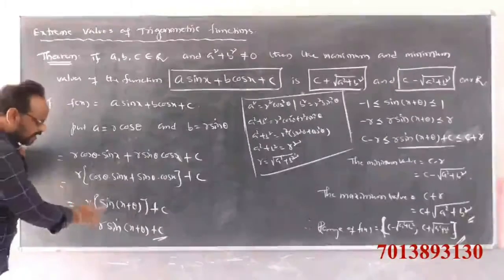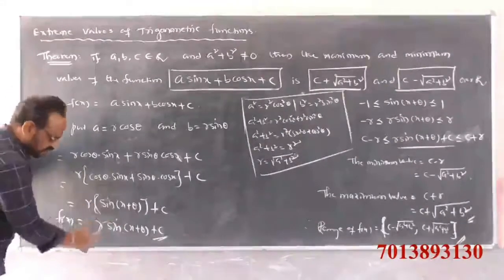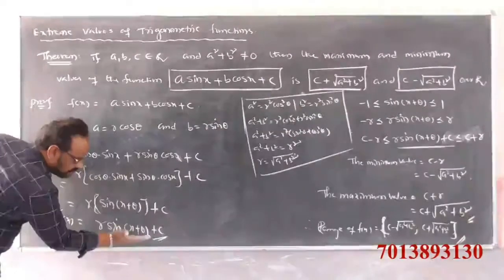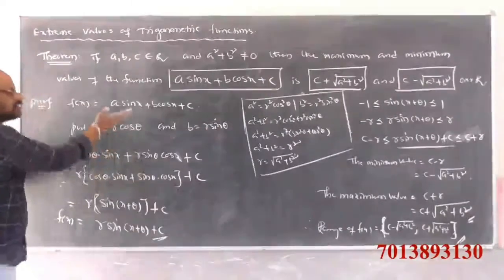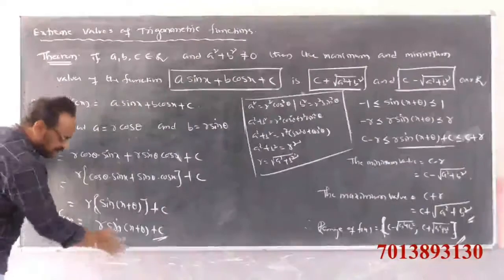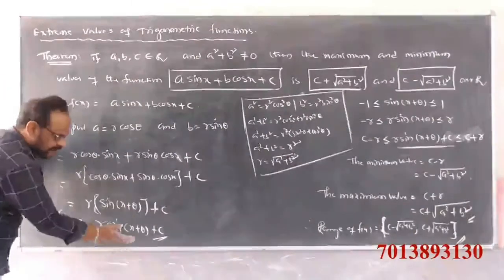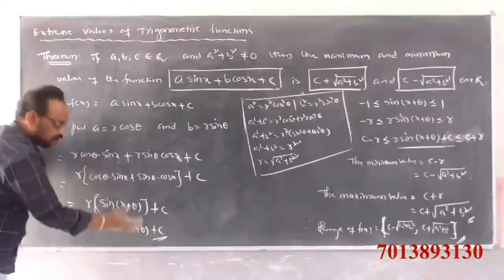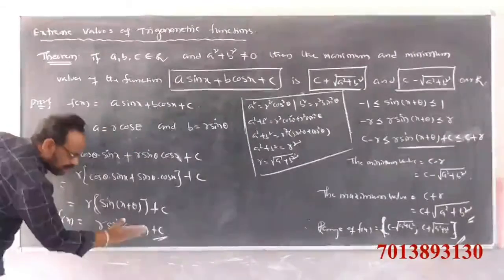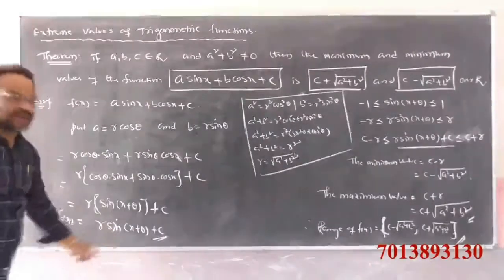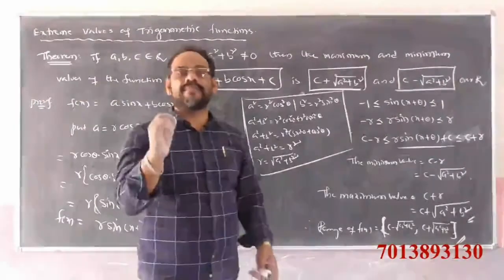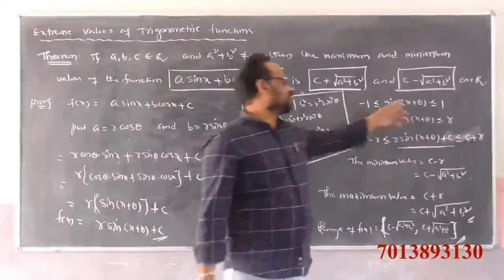So r times sin of x plus theta plus c. We want the range, or the maximum value. This function is nothing but this function. If you find the maximum value of this function, we get the maximum and minimum value of the original function. Clearly, for the sin function, we already know the maximum and minimum values are minus 1 and plus 1.